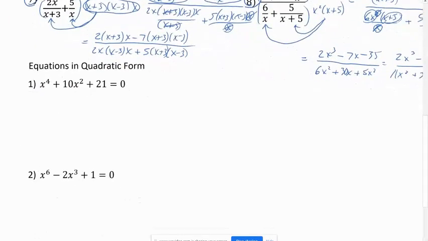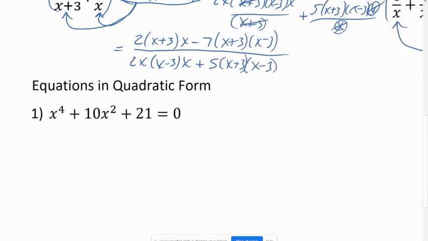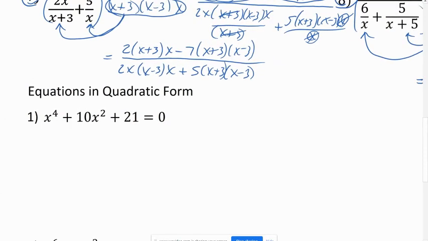All right, the next topic we're going to talk about is equations in quadratic form. So a quadratic equation is normally something of the form ax squared plus bx plus c equals 0. And so there are other equations that are not necessarily quadratic equations, but can be rewritten by using a u substitution to put the equation in quadratic form.